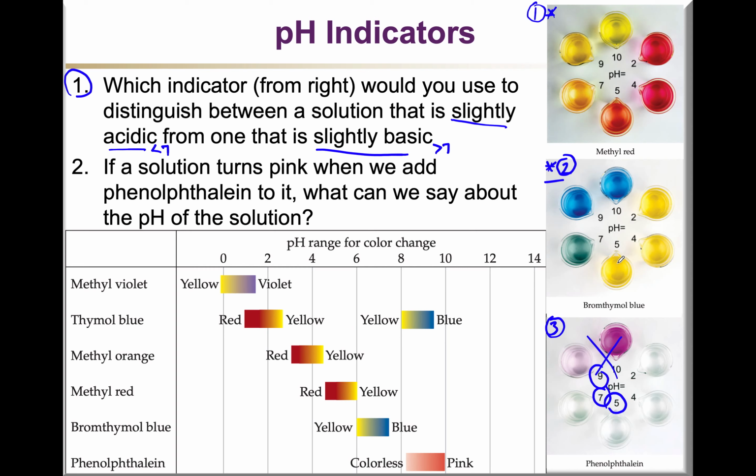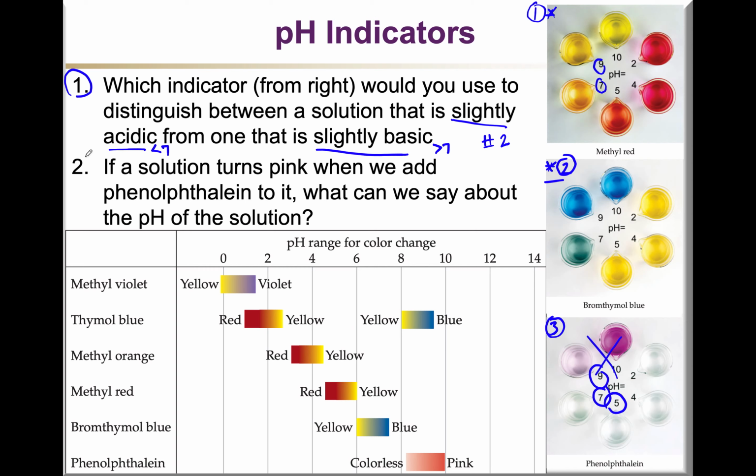And as you notice, when we go from 5 to 7, there's a huge color change from yellow to green. And then as we go from 7 to the next pH level, which is 9 in this case, we go from green to blue. So there's a very clear color change, and I would say that this is the best case scenario. If we go up here, there's still a color change, but I personally have a little bit of a hard time seeing the difference between the pH 9 and the pH 7. So that's the reason why I would have chosen number 2.